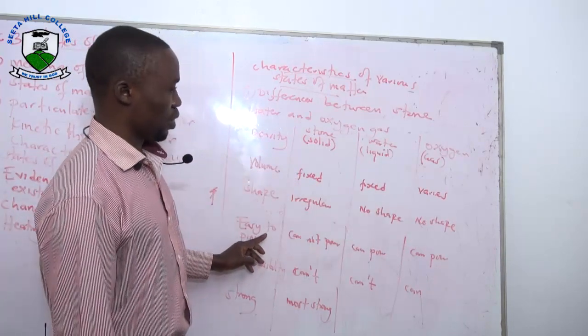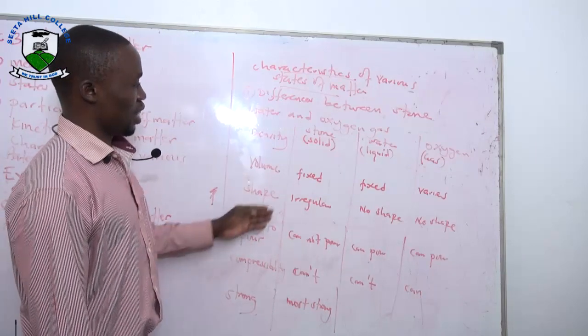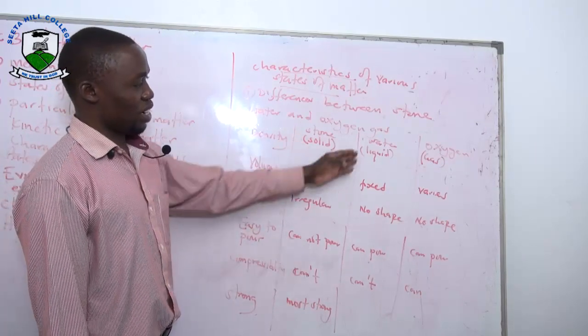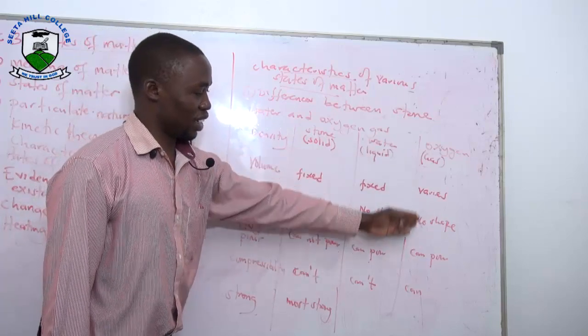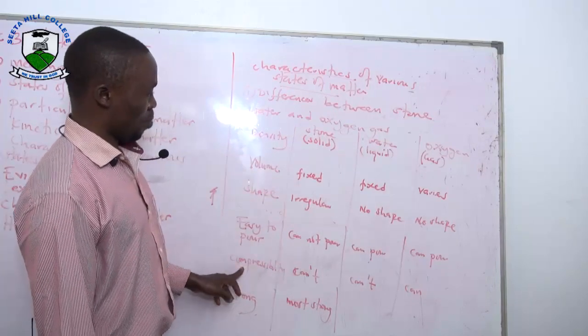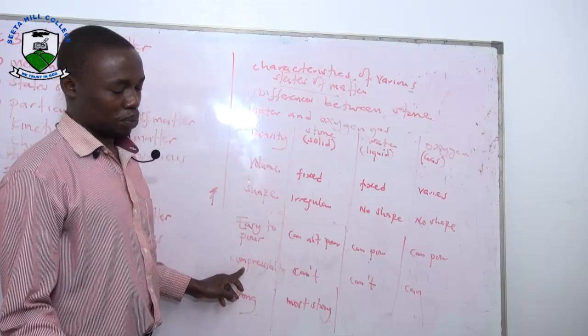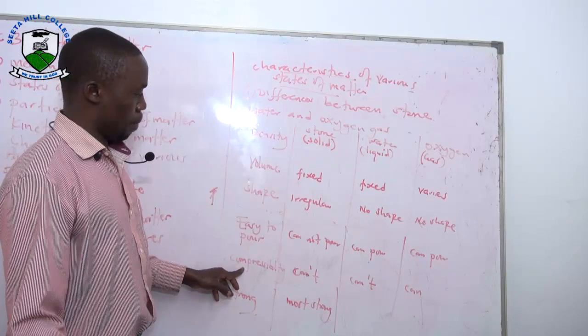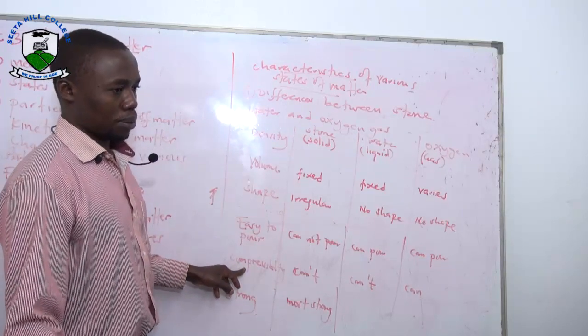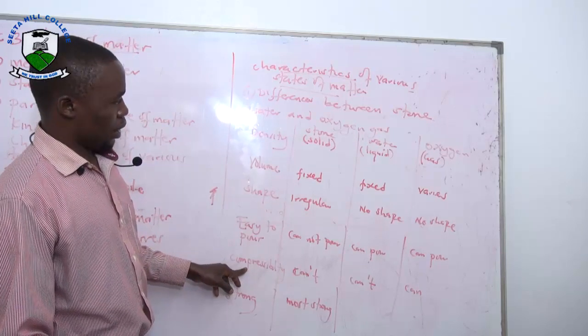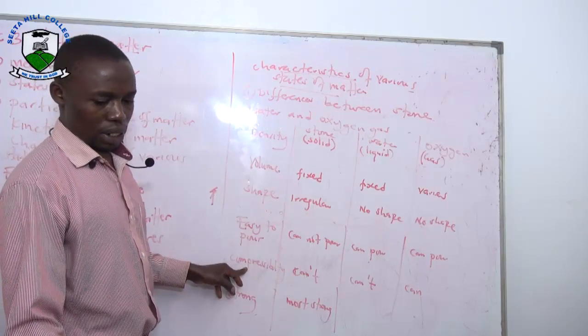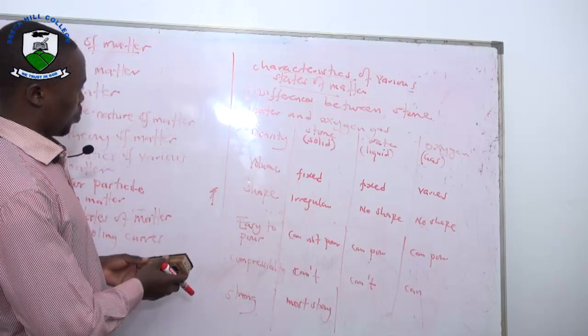You have been very good class. Then you said a solid can't pour, a liquid can pour, a gas can pour. Then you say the compressibility. Now, we shall pause a bit here. Why is a solid not compressible?